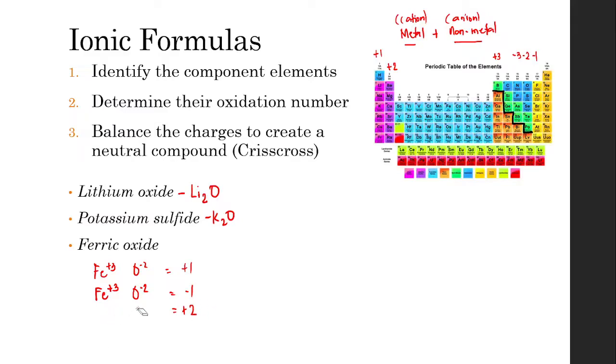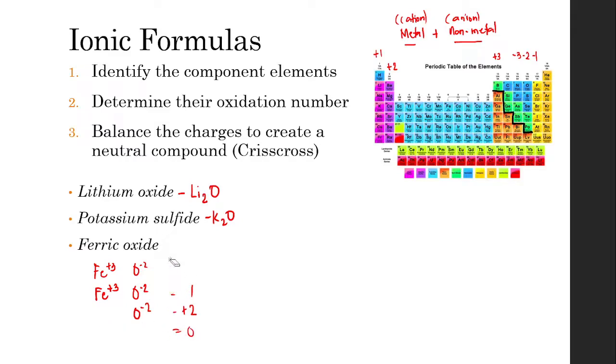So let's add another oxide, and what you can see now is we have a neutral compound because +3 plus +3 is +6, and -2, -2, and -2 is -6, which gives us 0.